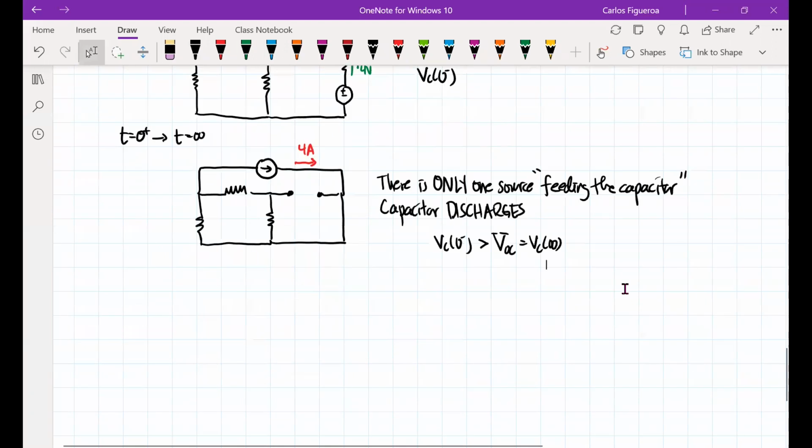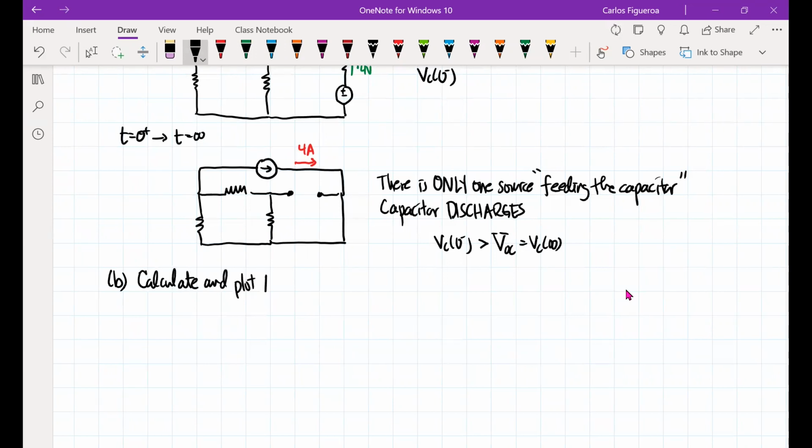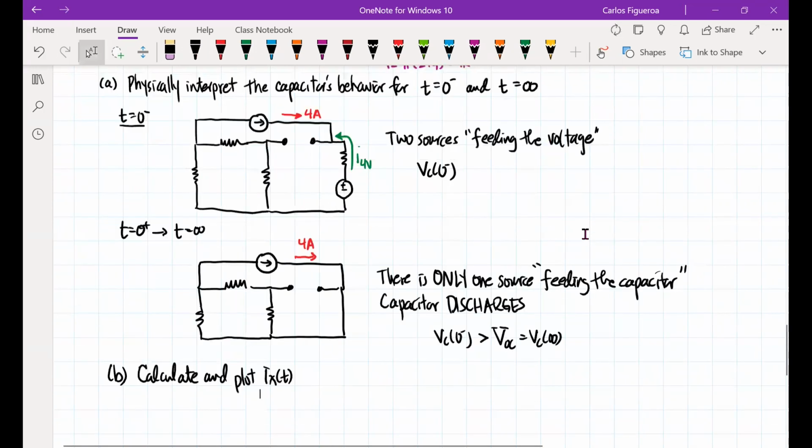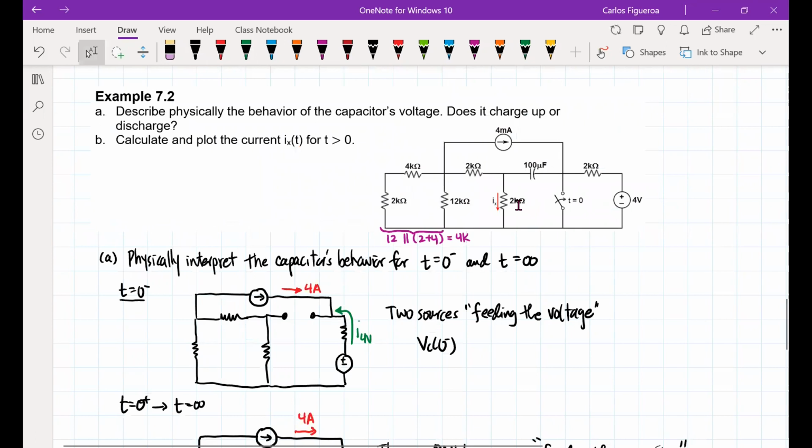Okay, so here we go. Now what we want to do here is calculate and plot Ix of t. And when you look at that Ix of t, note that that's going to be through that 2K resistor right there.